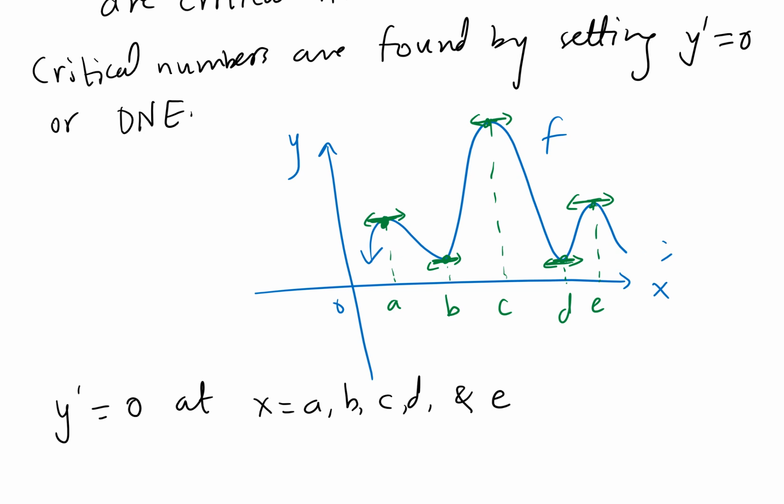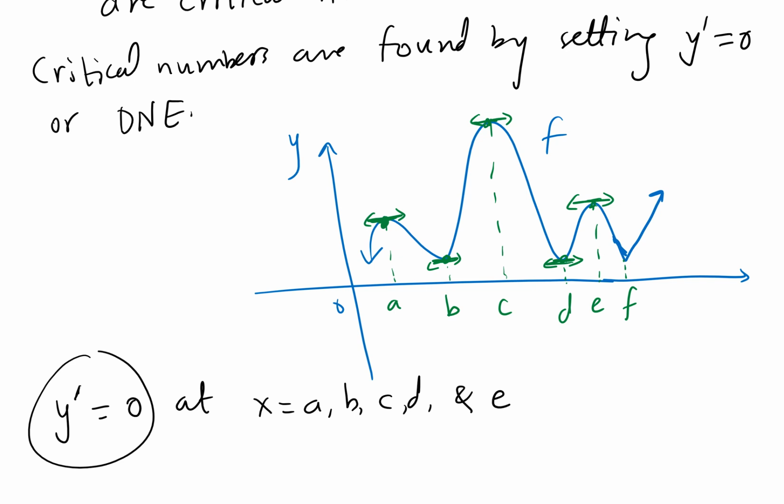If I want to modify the graph a little bit, let's make it a V shape. Call this f. So y prime equals 0. That's when y prime gives us the slope of the tangent line, when it's a horizontal tangent line.